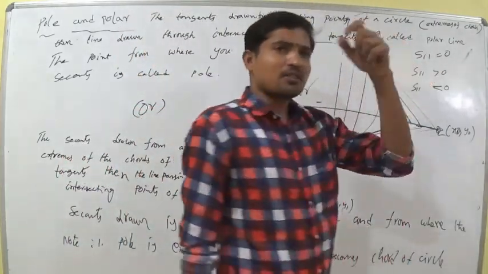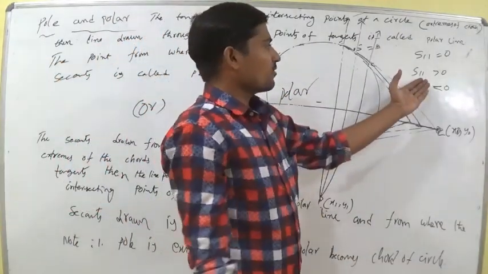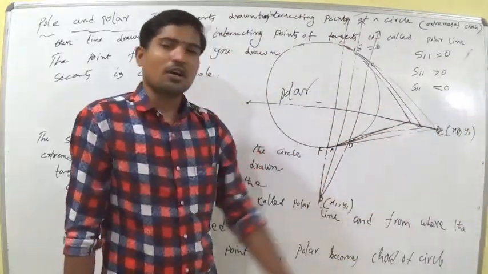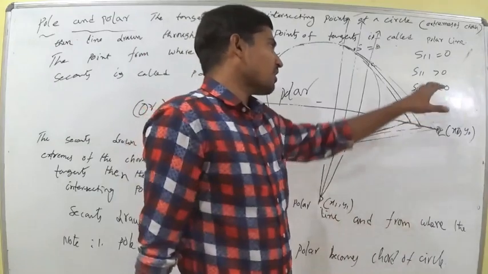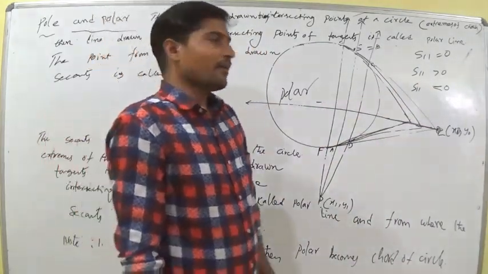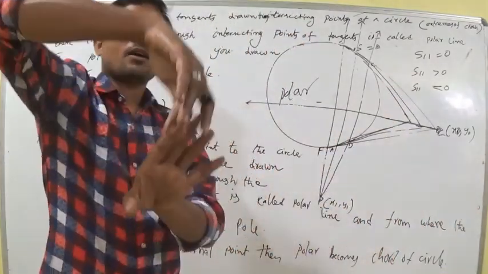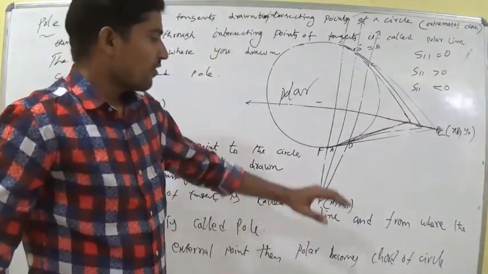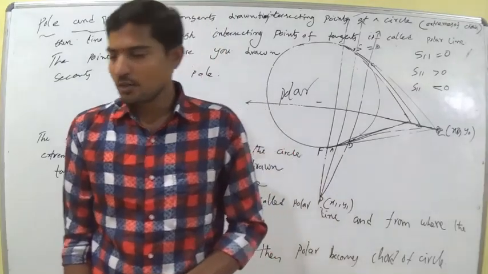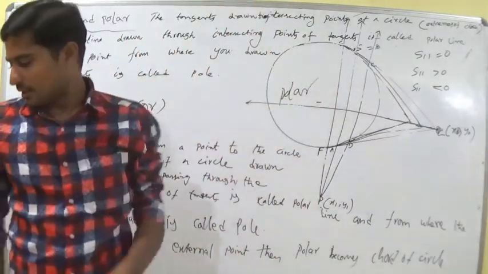Suppose S11 is equal to 0, which lies on the circle. S11 greater than 0 lies outside of the circle, and S11 less than 0 lies inside of the circle. Like our pole lies inside or external. We have seen the external position of a pole, right? Now inside and outside we'll see.